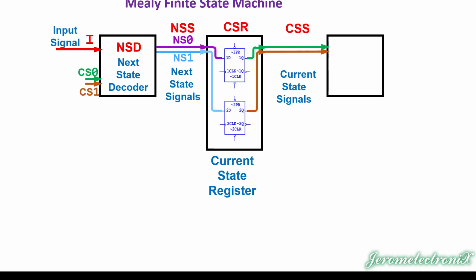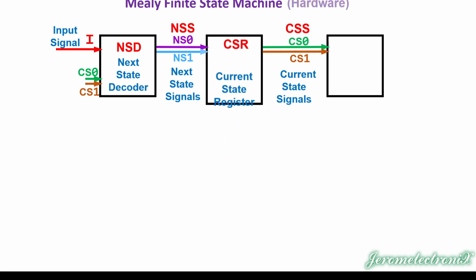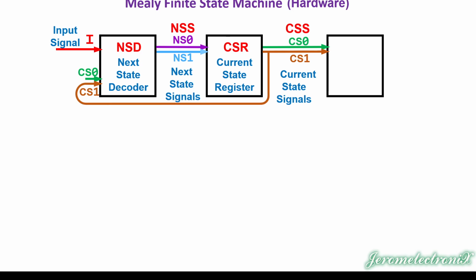These are the current state signals, and we've already talked about them. They're CS0 and CS1. We have to feed these current state signals back to the NSD, the next state decoder, because the next state decoder needs to know what the current signal is so it can calculate the next state.